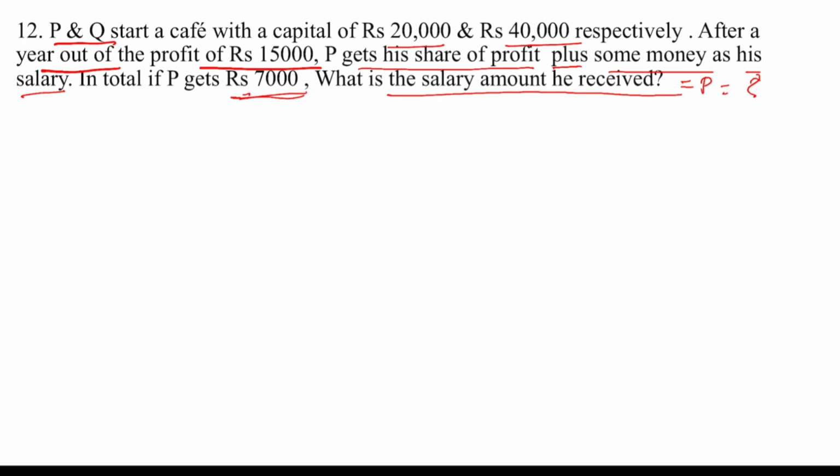Now, in such problems, in partnership there are two types of partners. One is the active partner and another is the passive partner. What do you mean by active partner?